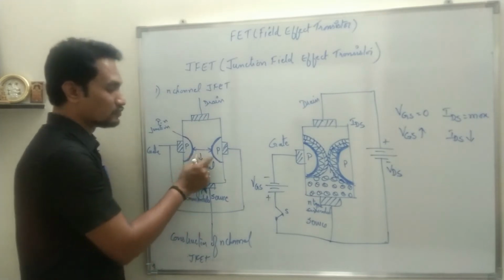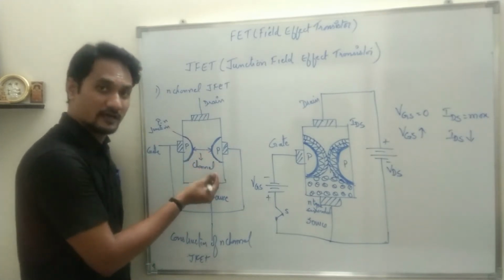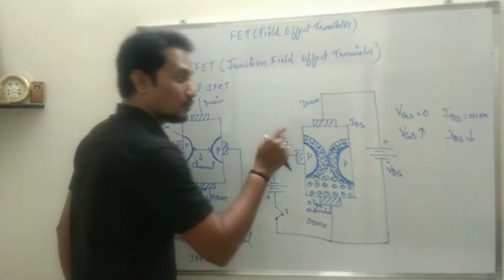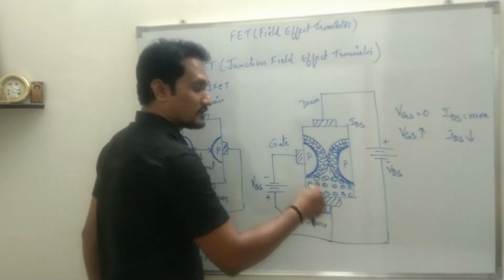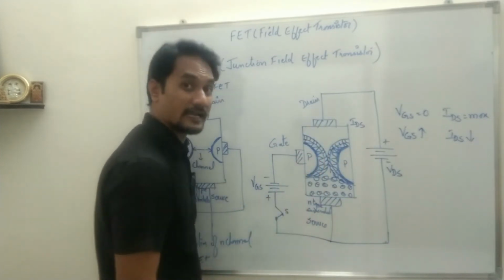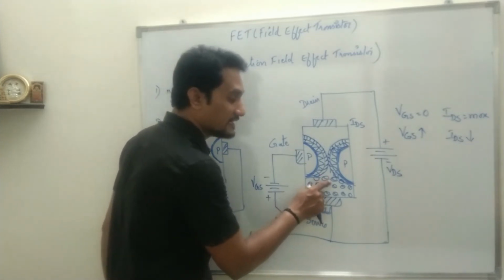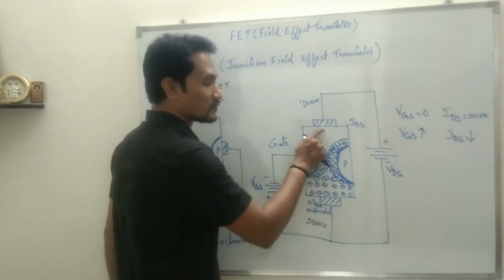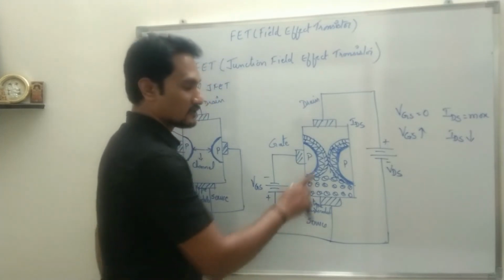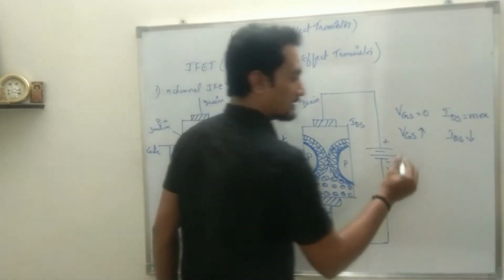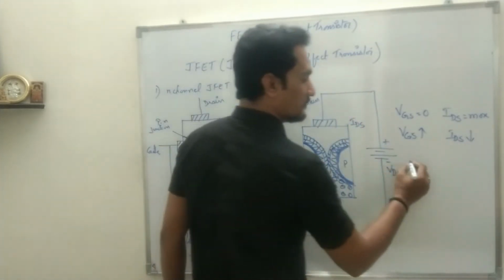The channel has disappeared, it is no longer there. That means at that time the circuit will provide high resistance. High resistance means no electrons, there is no room for electrons to move from source to drain, right? So the depletion layer width will be maximum.